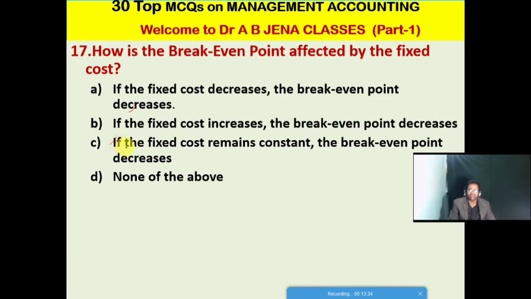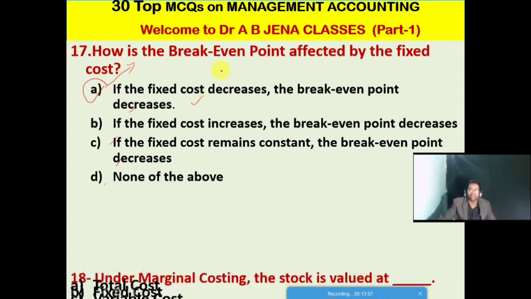C, if the fixed cost remains constant, the break even point decreases. D, none of the above. Friends, A is the right option for this MCQ. The break even point is affected by the fixed cost: if the fixed cost decreases, the break even point decreases.